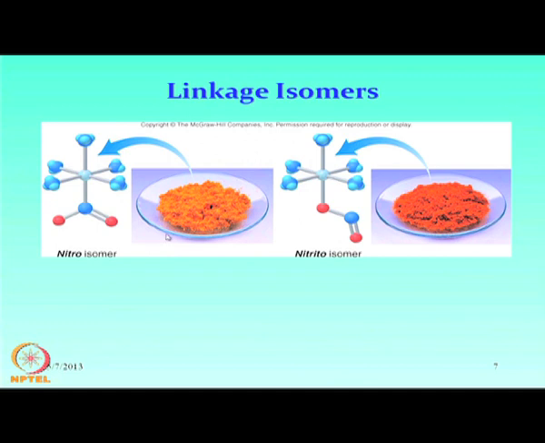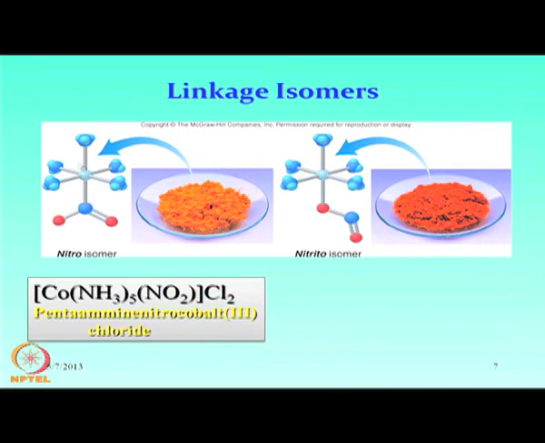The change in the color of these 2 species also tells us that the electronic spectra change. In the first case the cobalt center has all donor groups as nitrogen: 5 come from the NH3 groups and 1 comes from the NO2.